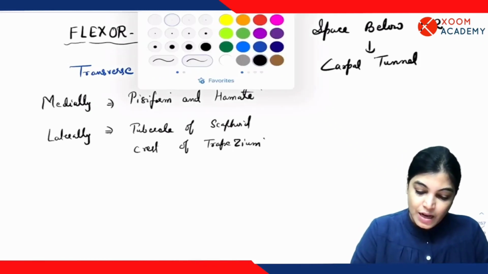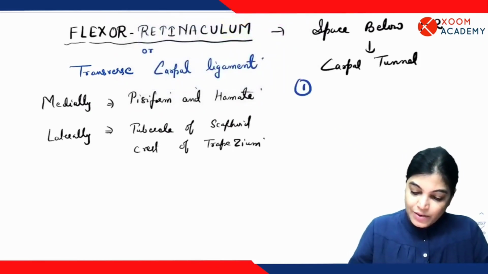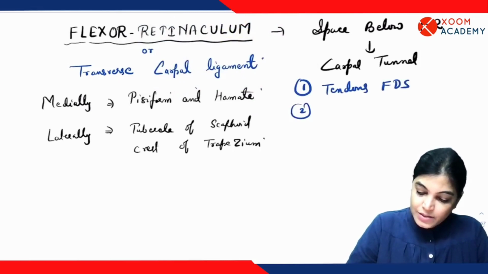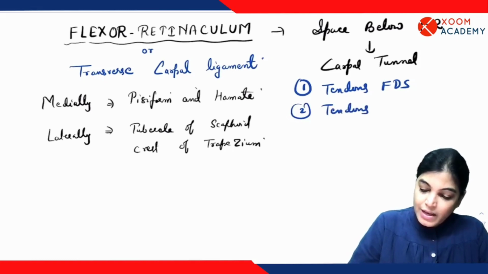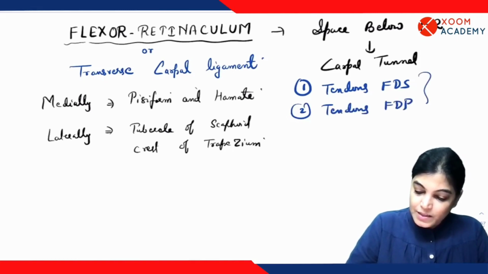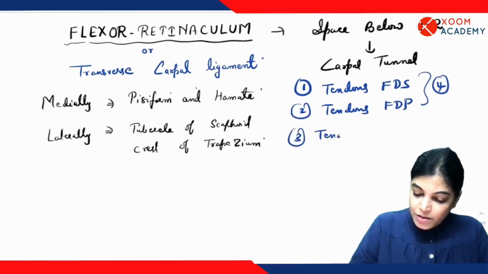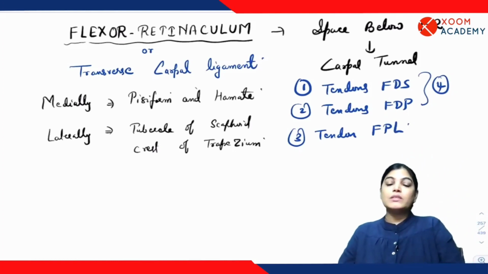The structures traversing are the 4 tendons of FDS, the 4 tendons of FDP, and also the tendon of flexor pollicis longus. The tendon of flexor pollicis longus passes through the radial bursa, and the common sheath of ulnar bursa covers the tendons of FDS and FDP.